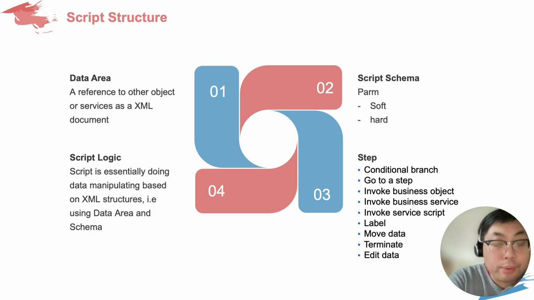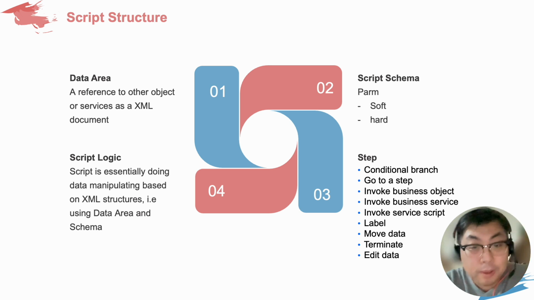The hard parameter is referring to the business object it is referencing. From there, you can actually get the BOID, and a couple of other things, status, etc. So if you're interested, have a look at your plugin scripts and see what they actually bring.